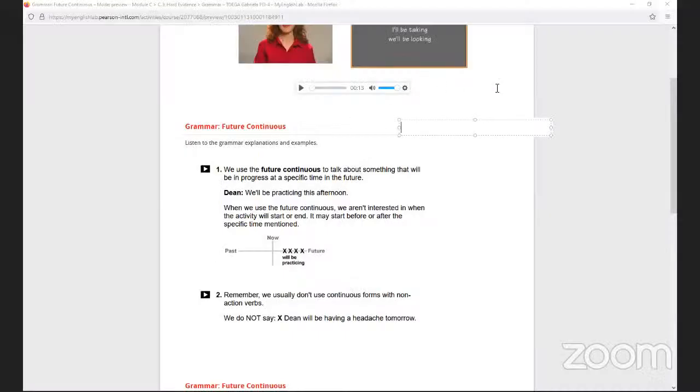So when we talk about future continuous, we have to use two auxiliaries, right? For example, the first one, where we talk about future, and the second where we use the continuous way. So do you remember which auxiliaries do we use for future, Gabby? Will and be going to.